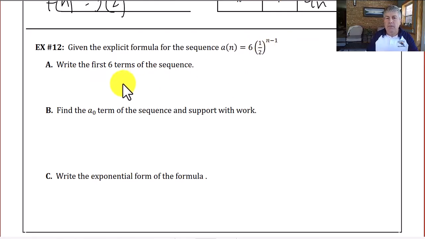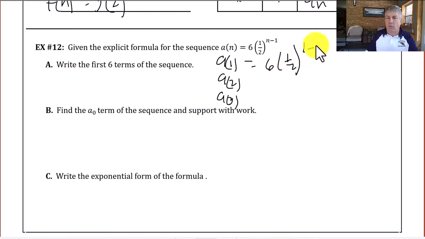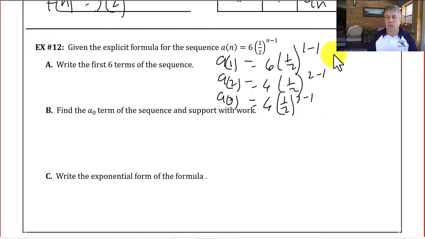And that means the first term we put a_1 and a_2 and a_3 and so forth. So that would be 6 times 1/2 to the 1 minus 1, and 6 times 1/2 to the 2 minus 1, and 6 times 1/2 to the 3 minus 1.